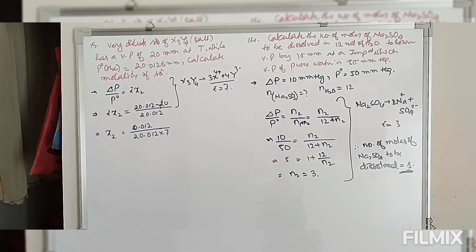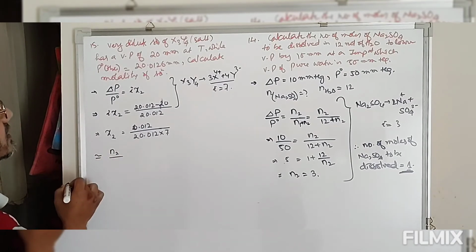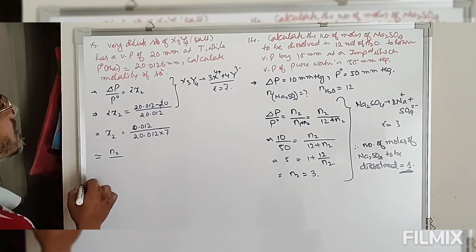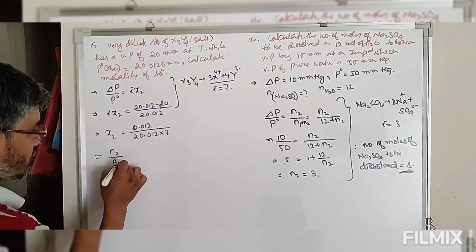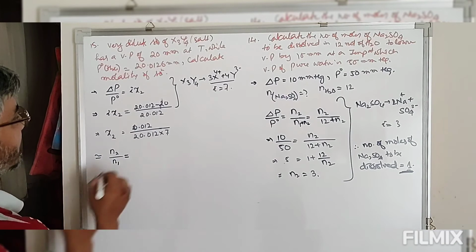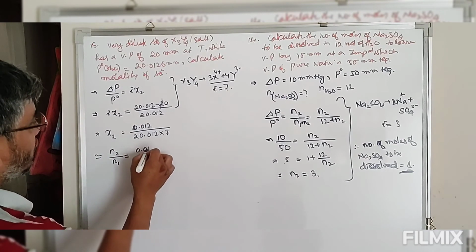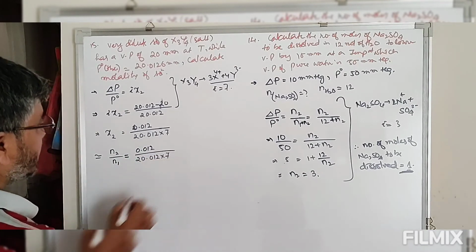Now the question says a very dilute solution. So this mole fraction is approximately equal to the number of moles of solute divided by the number of moles of solvent. So this value is equal to 0.012 divided by 20.012 into 7.